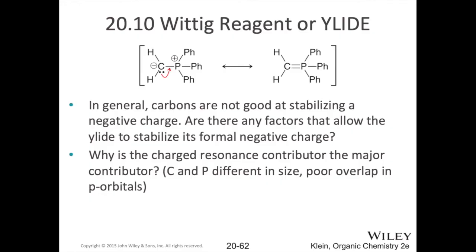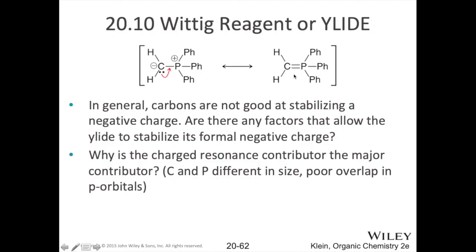But actually, on that note, that's why this resonance structure on the left is not a minor resonance contributor. We actually have a decent contribution from this resonance structure. The difference in size between that carbon and that phosphorus makes the overlap of their p orbitals to make that pi bond over here a little less likely.